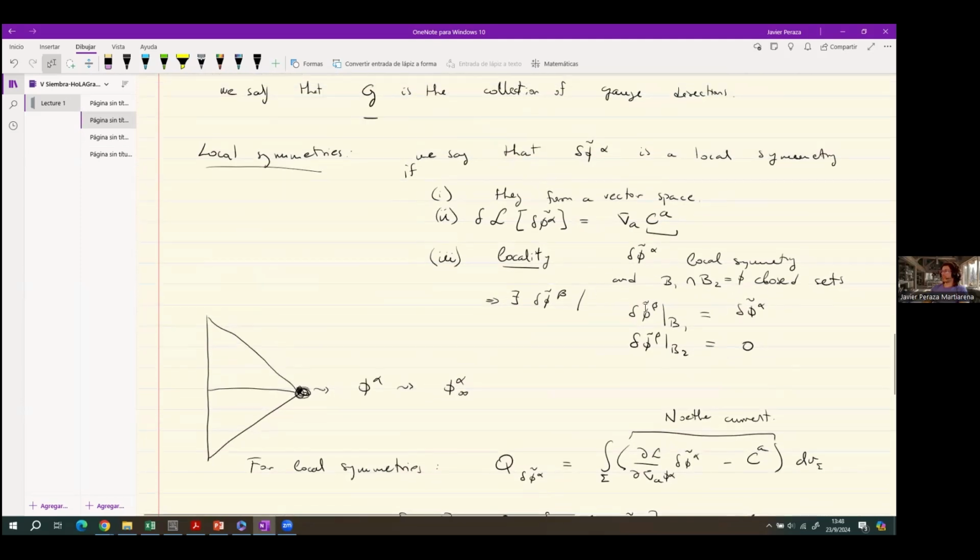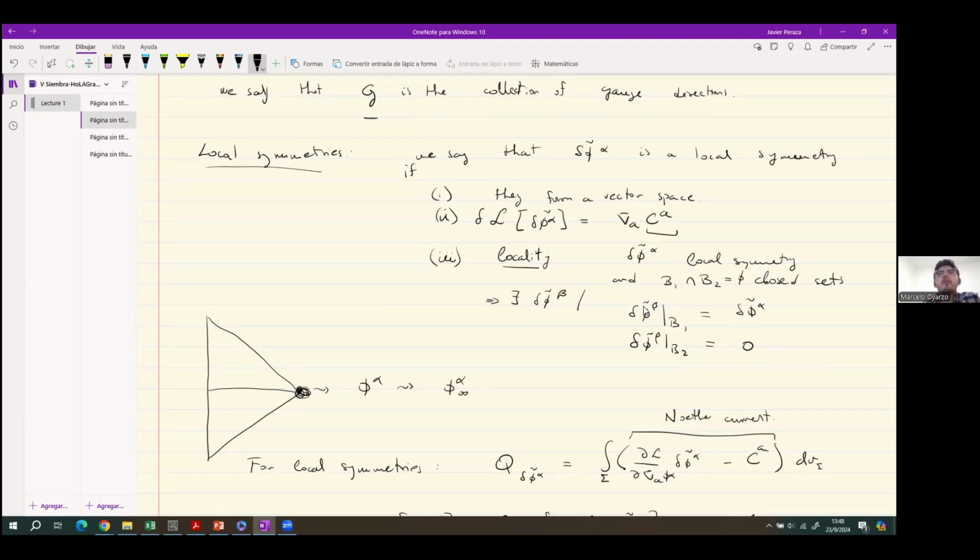Oh yes, this locality thing was mainly due to Lee and Wall because they want to do a certain construction, and the locality means that you can have two different local symmetries such that one is equal to the other in a closed set, and one is zero in another closed set, but they do not intersect.